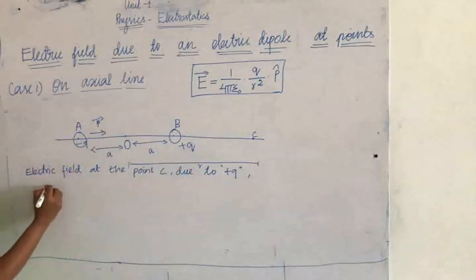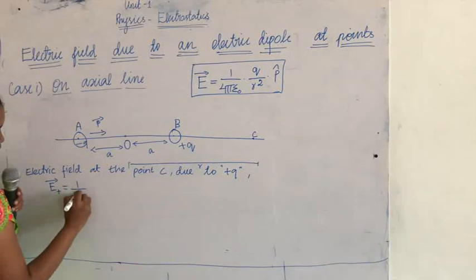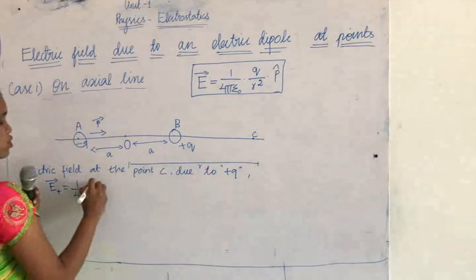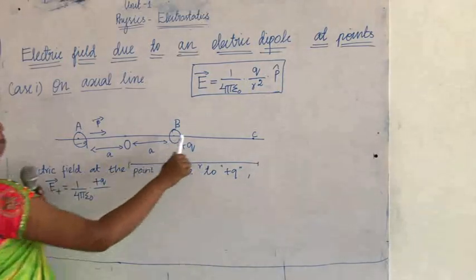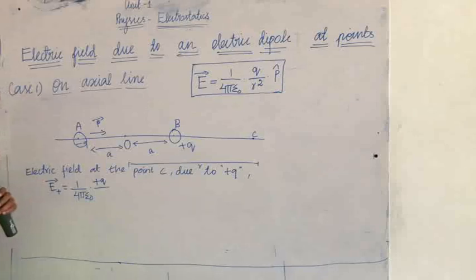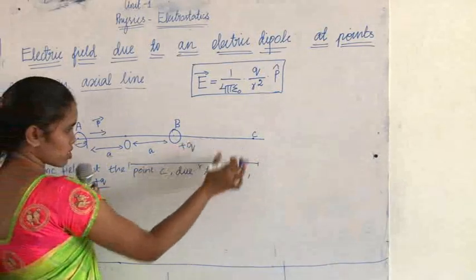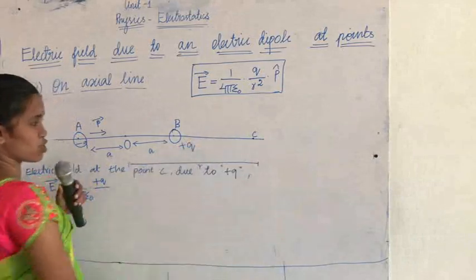Now E plus vector equals 1 by 4 pi epsilon 0. As it is a positive charge, we write plus Q by the distance between B and C. Do you know the distance of B and C? No, the distance is not mentioned.